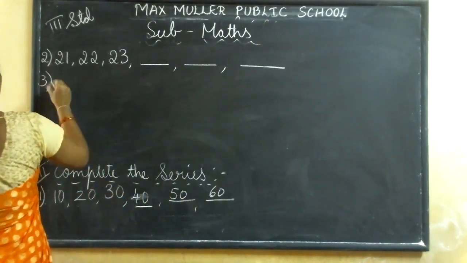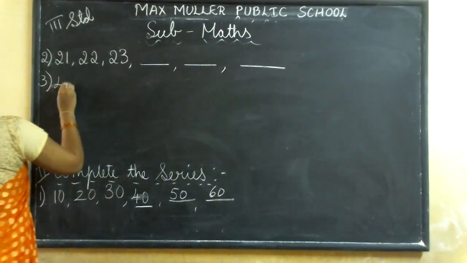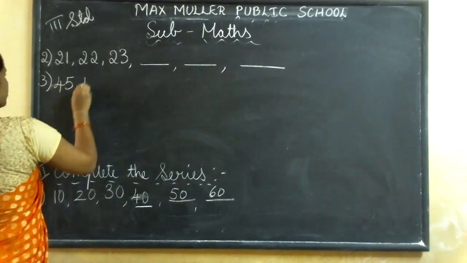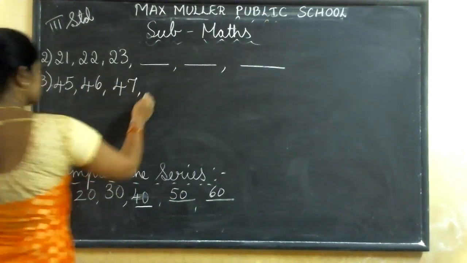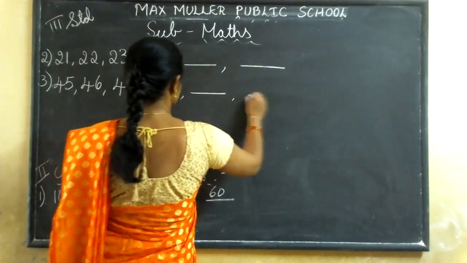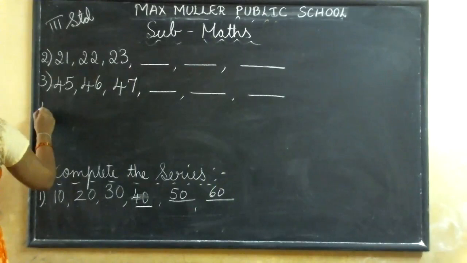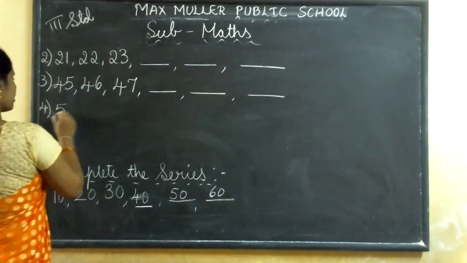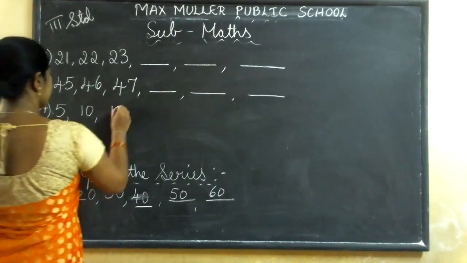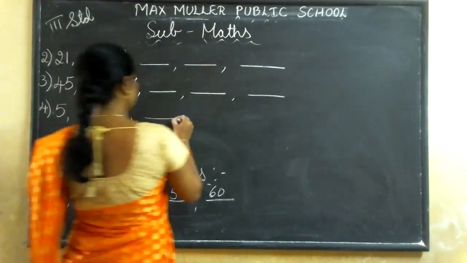Third one: 45, 46, 47, dash, dash, dash. Fourth one: 5, 10, 15, 20.